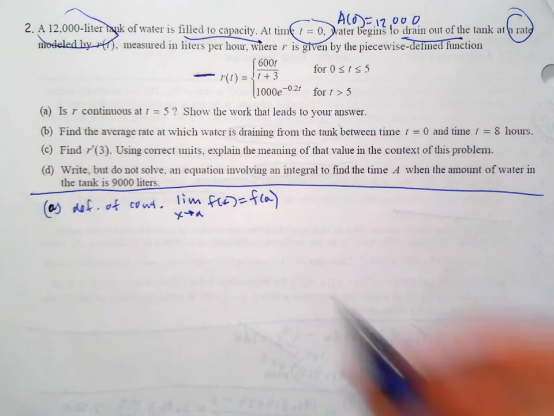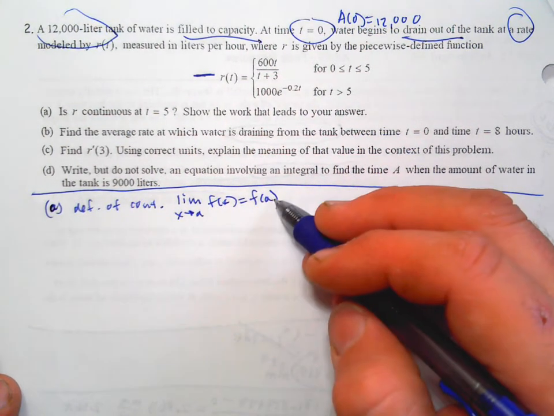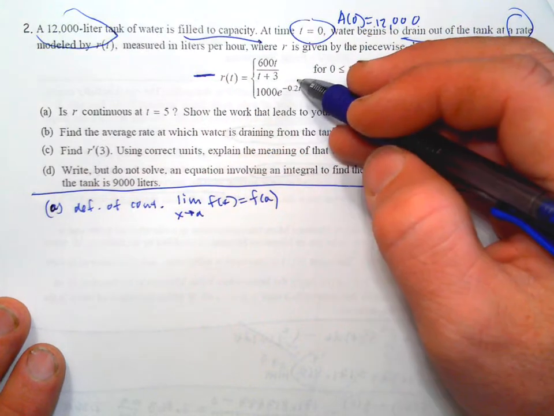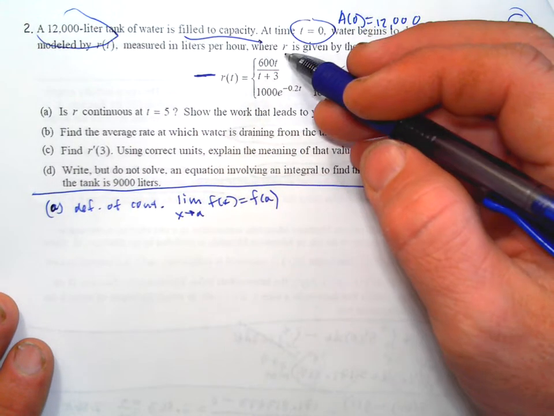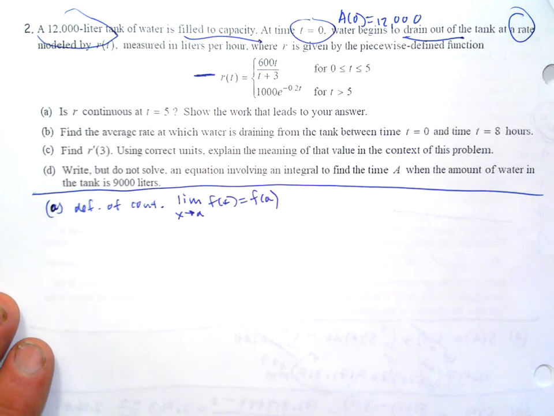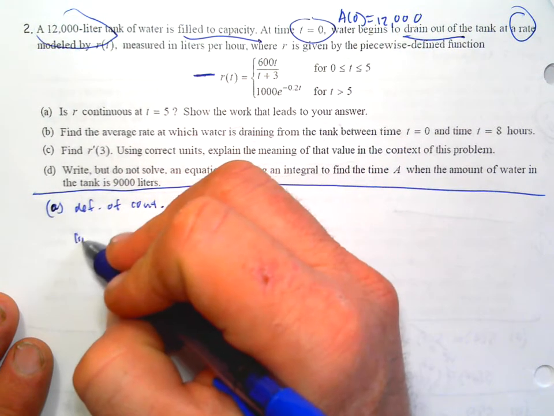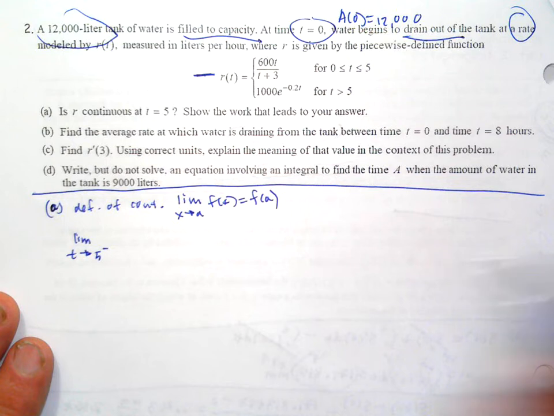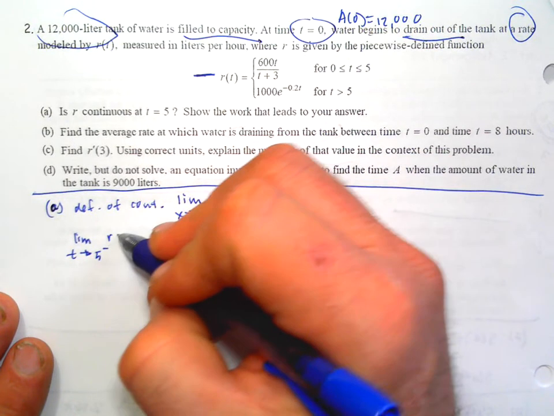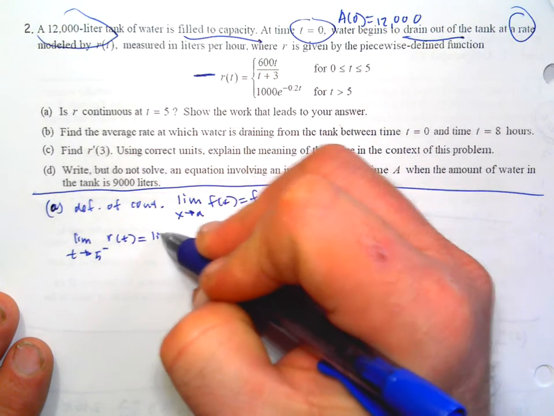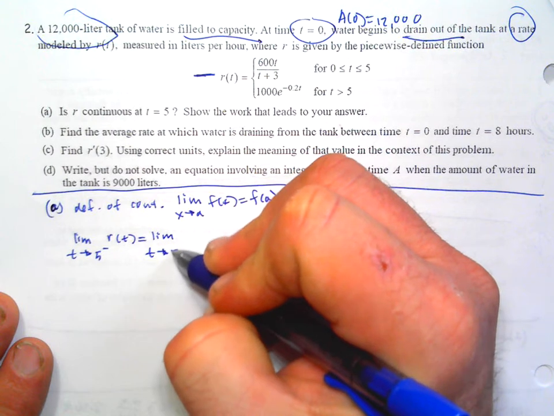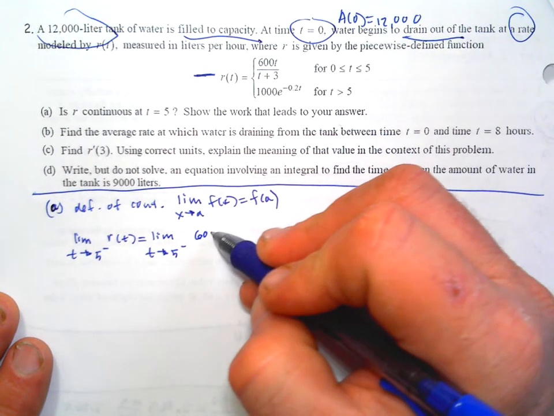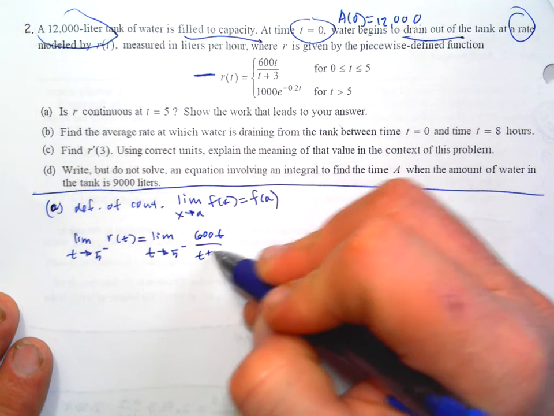Now, we got to prove the limit first, and we got to prove this second, and then show that they're the same. But to prove this limit, especially with the piecewise function, you have to take the two different sides. One side is for one piece and one side is for the other, so you got to do one-sided limits. So we got to say, all right, well, the limit as t approaches 5 from the left side of R(t) equals... Now the left side, left of 5, is this one, 600t over t plus 3.